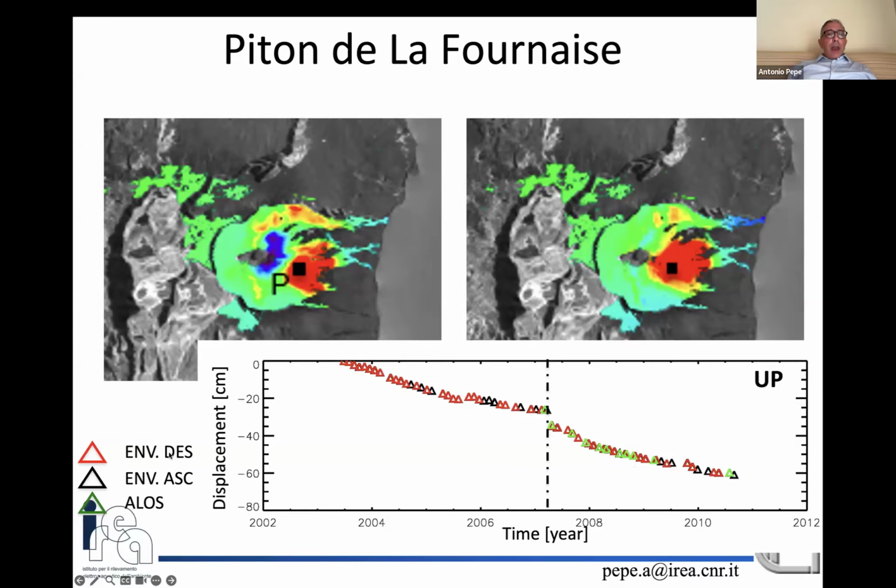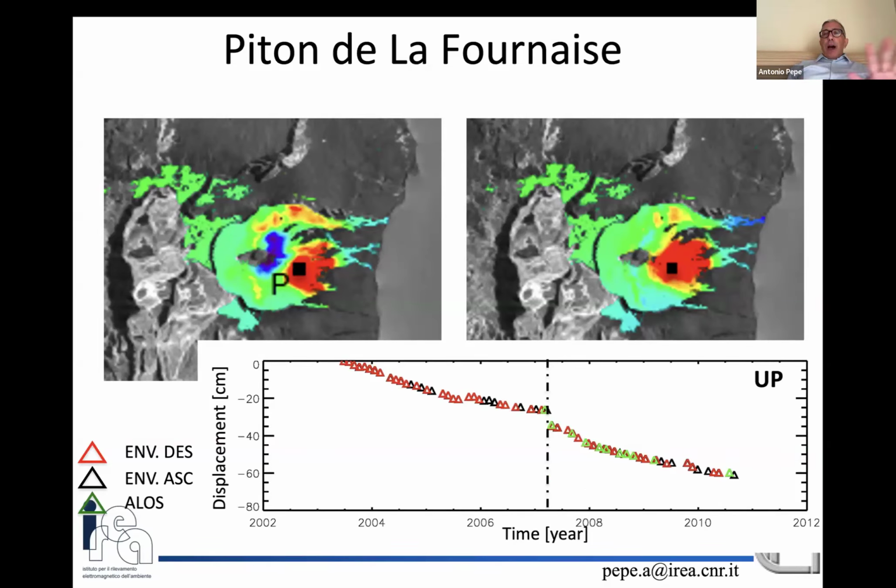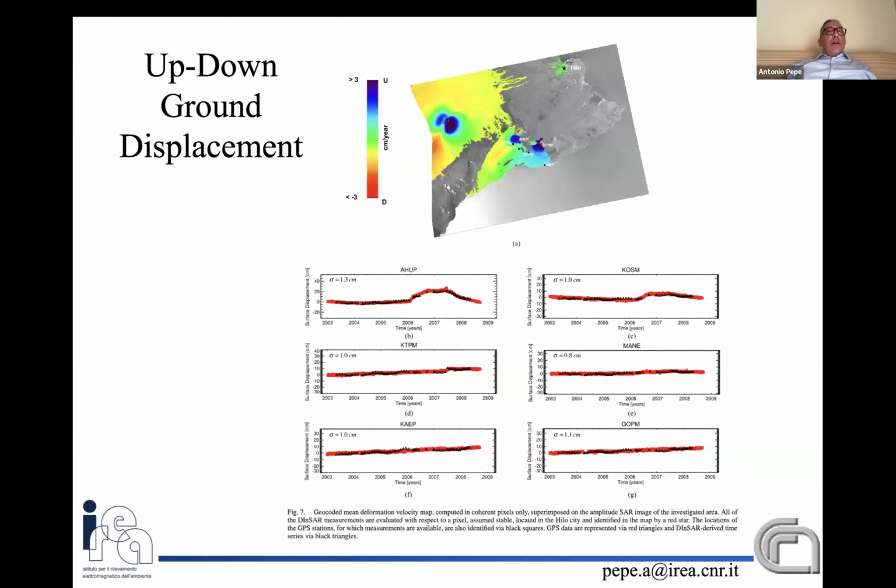ALOS data are in green, ENVISAT descending are in red, ENVISAT ascending are in black. So as we can see, we combined these 3 different data sets and we recovered the up-down deformation and the east-west deformation. In this case, we discarded the north-south components and we focused only on the up-down and east-west.